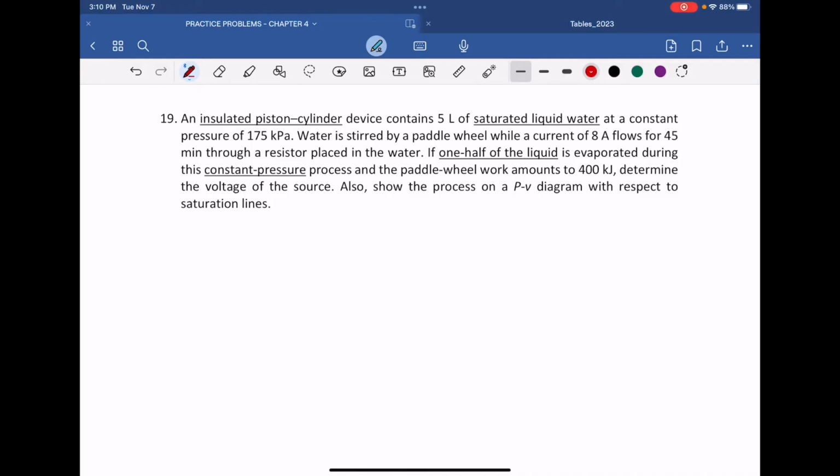An insulated piston cylinder device contains 5 liters of saturated liquid water at a constant pressure of 175 kilopascal.